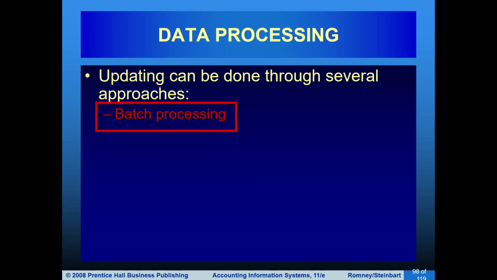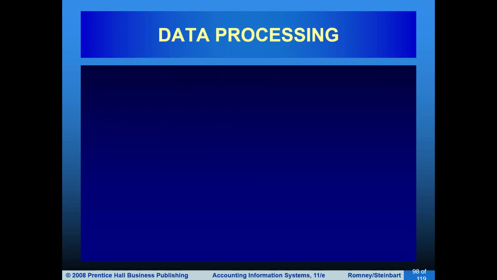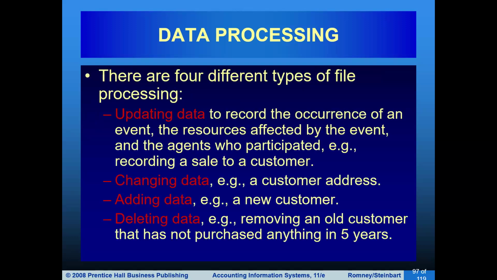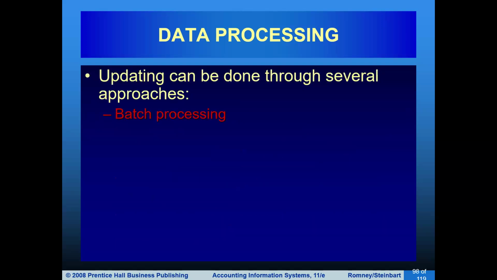Batch processing. Batch processing means at the end of the day or at the end of the month, you collect all data and update it. Updating means, right? You know, updating looks like that, no? Resource affected by the event and agents, transactions, you update.